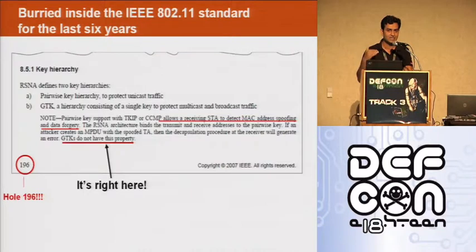If you see the last line of page 196, the designers of 802.11 have warned about the weakness of one key that is used in WPA2. On the last line, there is something mentioned about that key: GTKs do not have this property.